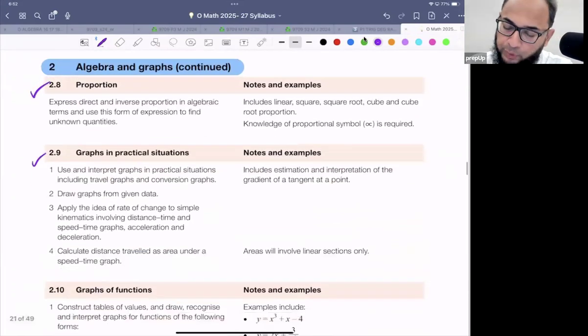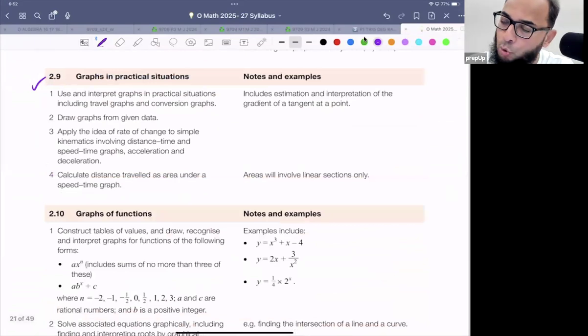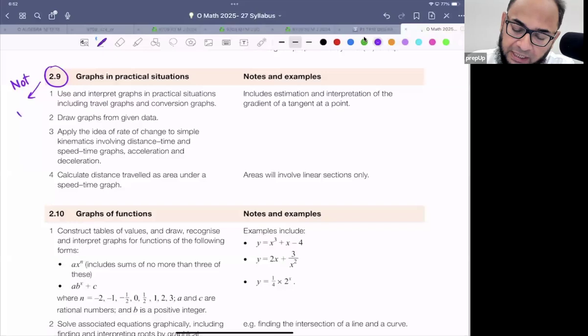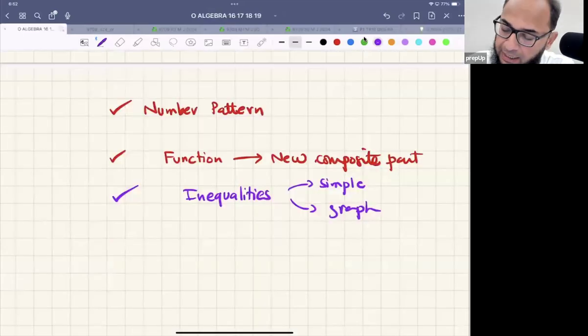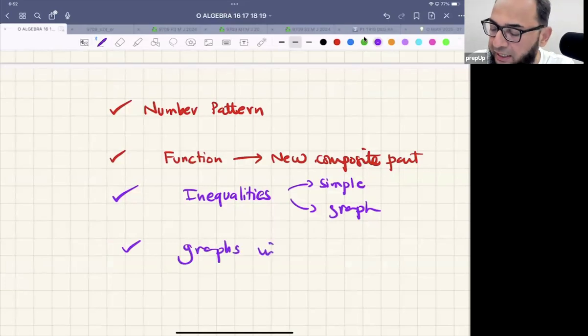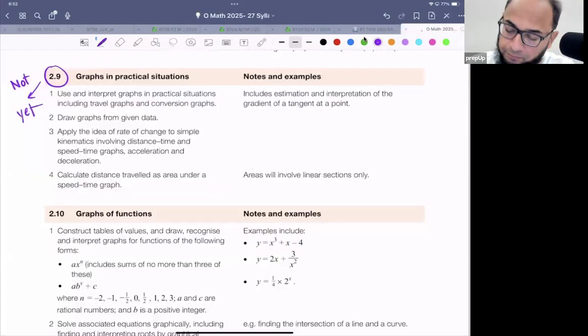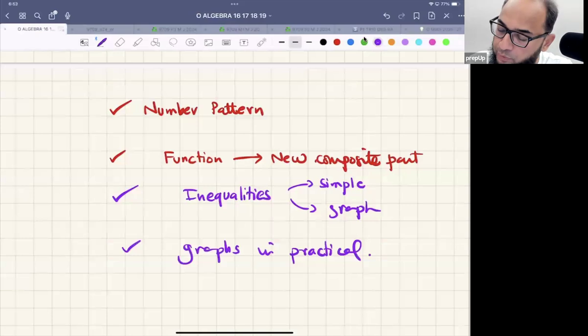Graphs in practical situation, no, not complete, not yet. Graphs in practical situation is not yet done. So let me write over here, graphs in practical situation. It could be currency exchange and things like that. It could also be the distance traveled. So therefore, let me write over here, kinematics.